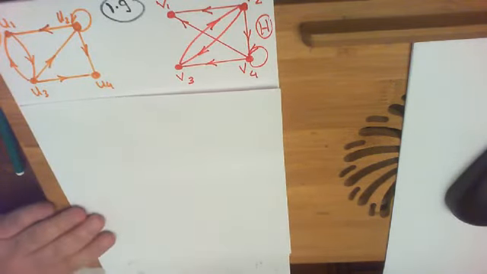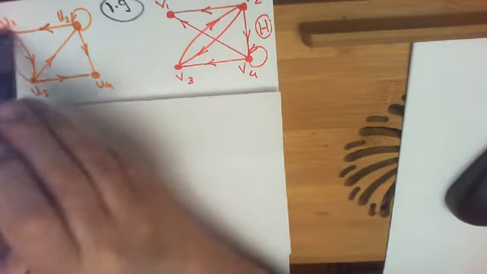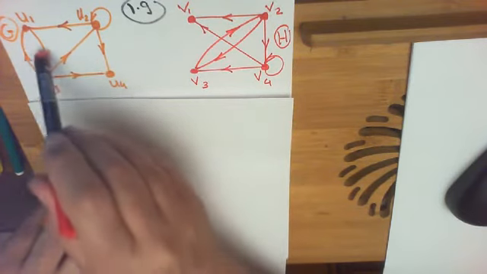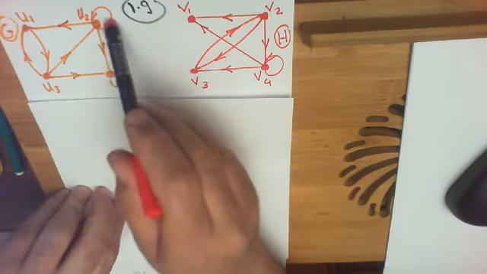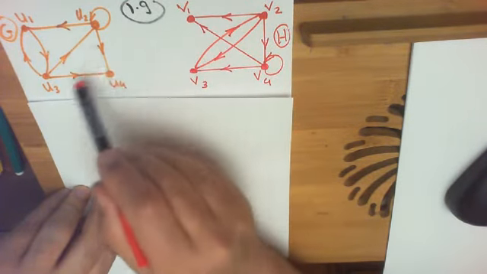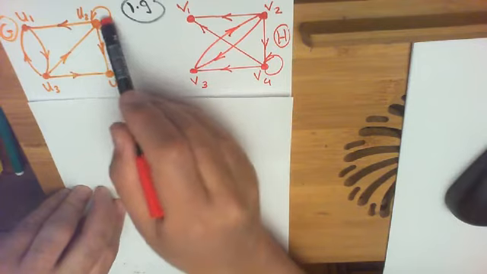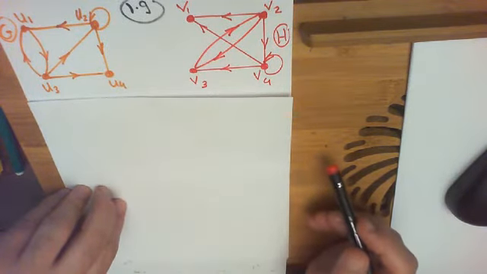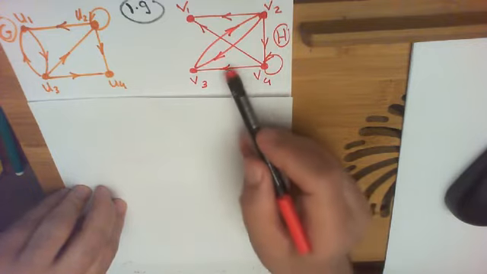As you see, we have 4 vertices and 7 edges in both graphs.